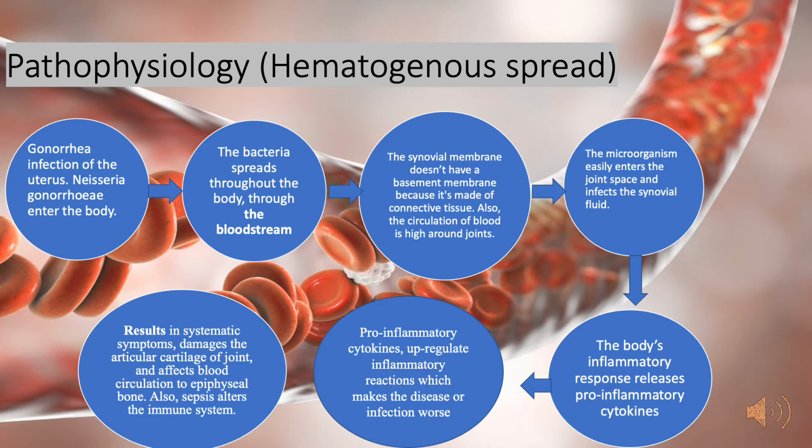After the bacteria has entered and infected the synovial fluid, the body's inflammatory response releases pro-inflammatory cytokines, which upregulate inflammatory reactions. However, cytokines can be bad when their expression causes inflammatory diseases, such as rheumatoid arthritis, or it can destroy cartilage and tissues.